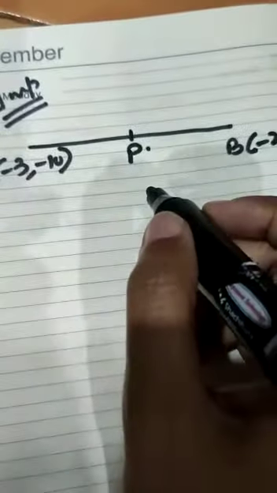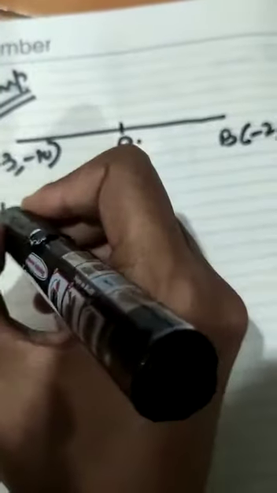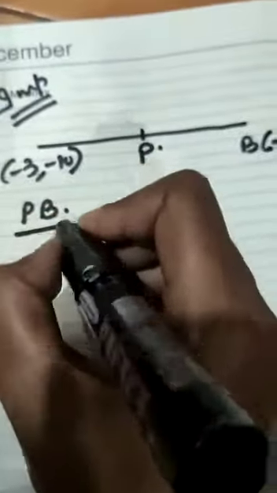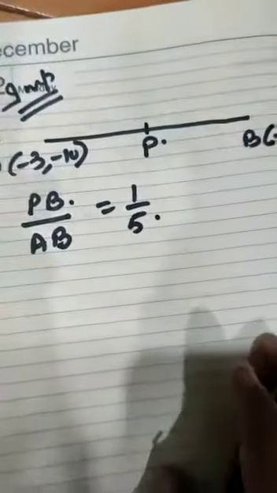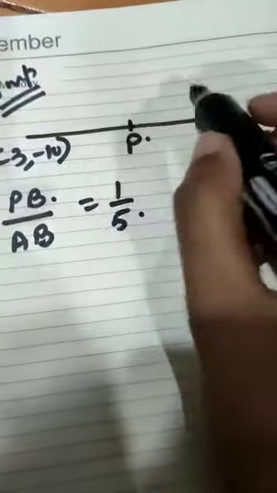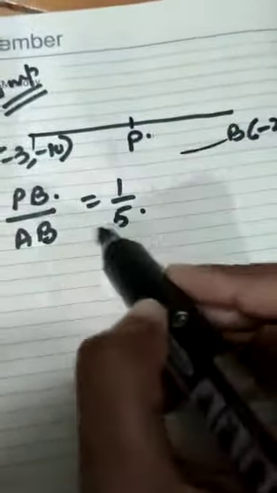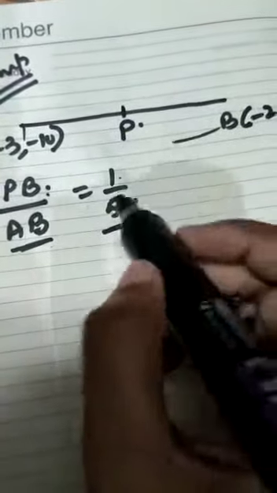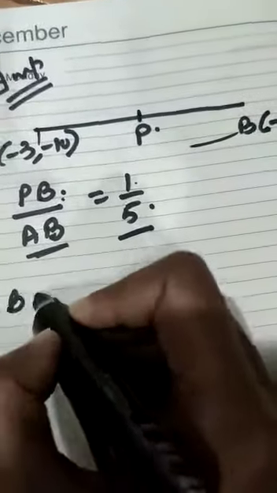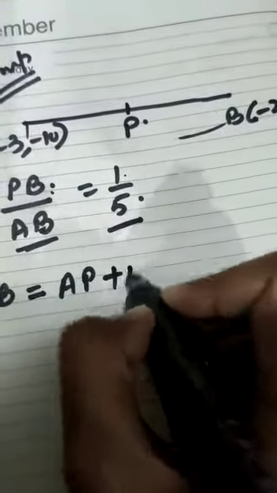Here you have one point P. So it means we can consider the total AB as 5 and PB as 1. So AB is equal to AP plus PB.